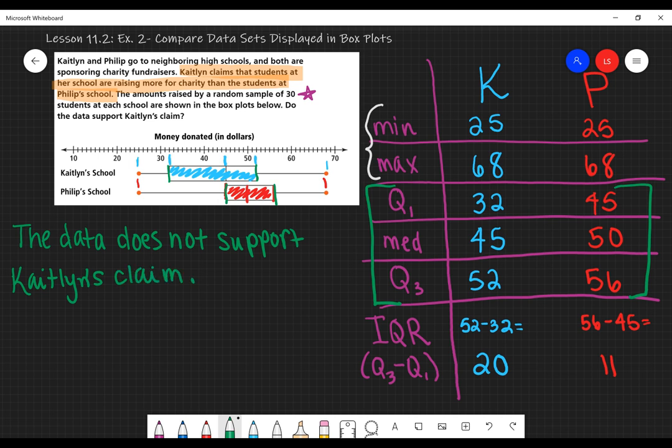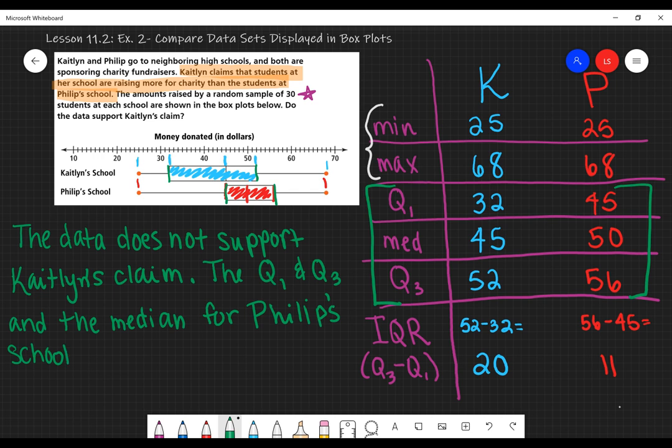The data does not support Caitlin's claim because the first and third quartile and the median for Philip's school are all greater than Caitlin's school.